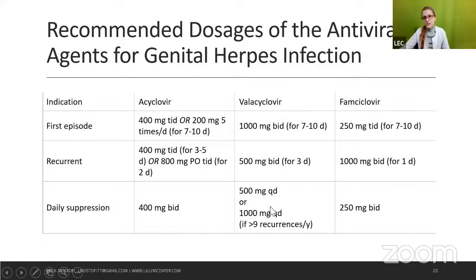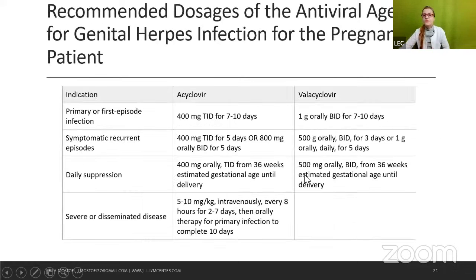Valacyclovir is 500 milligrams BID, or 1000 milligrams daily if there are more than 9 recurrences per year. And if none of these work for your patients, you can go for famciclovir, 200 milligrams BID.